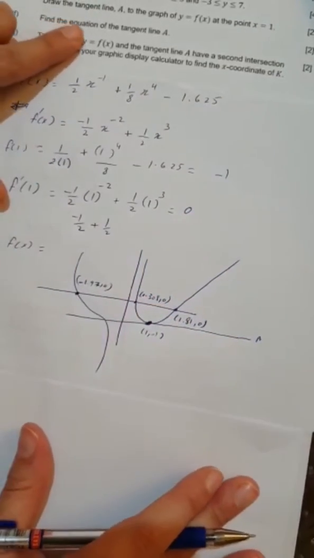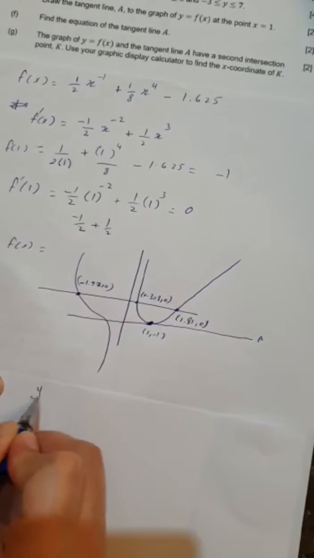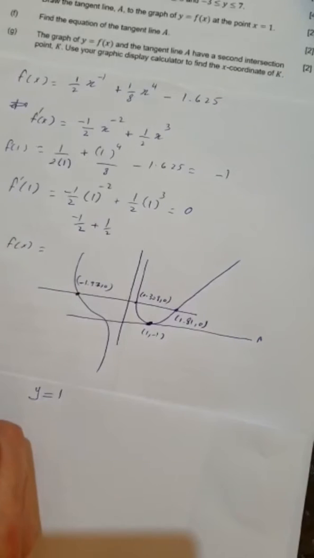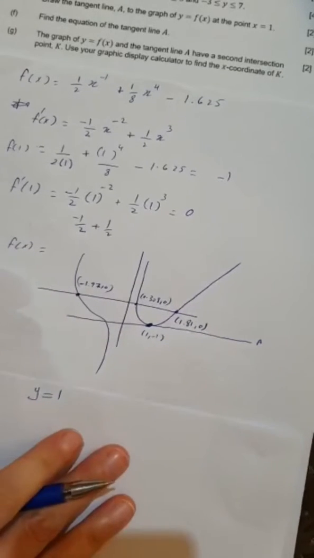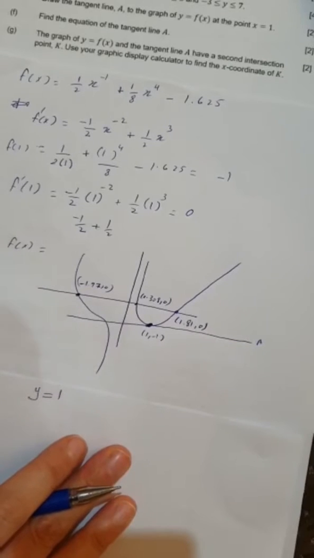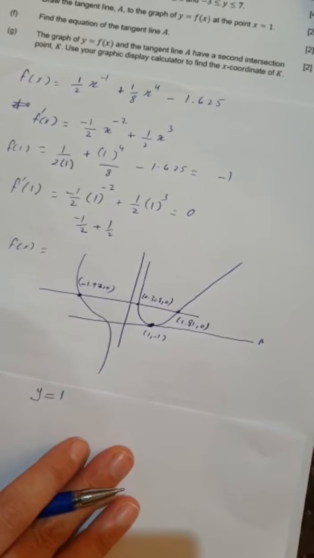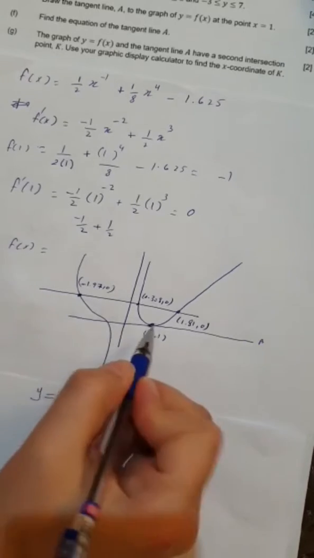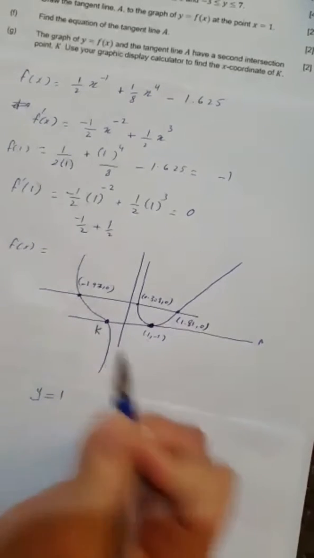Find the equation of the tangent line A. So the direct answer, I'm going to say it's y equal to 1, because it's a horizontal line passing through this graph. I'm going for part G now. The graph of y equal to f of x and the tangent line A have a second intersection, point K. So to find point K, first of all, we got this point, and the second point will be point K, this point.